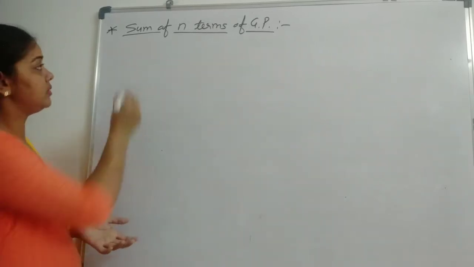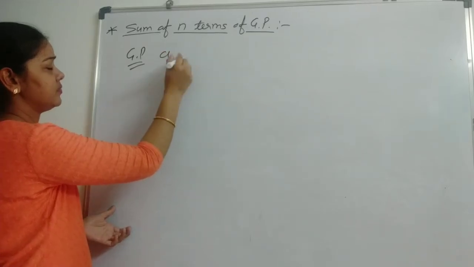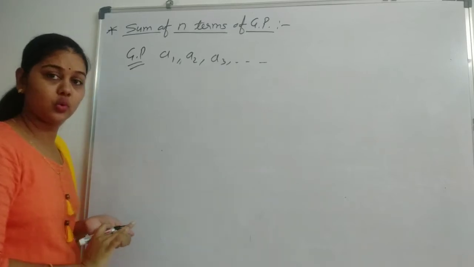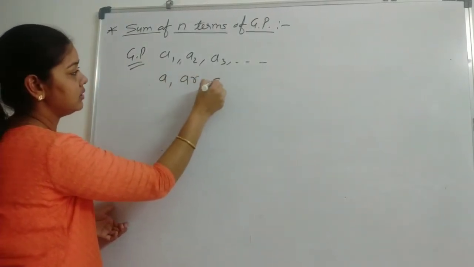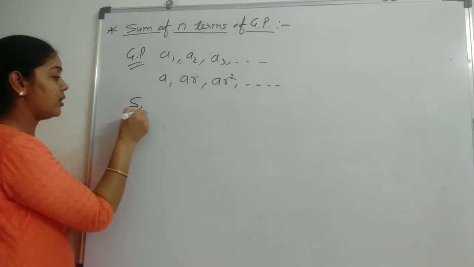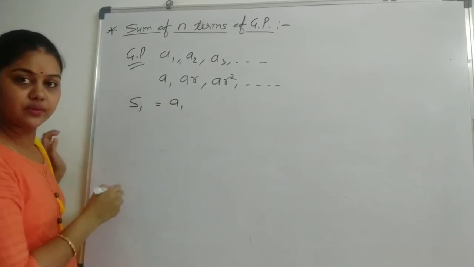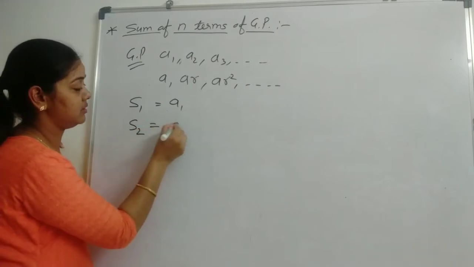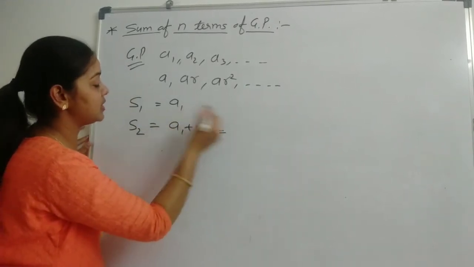Sum of n terms of a GP. What is a GP? This is A1, A2, A3 and so on. Okay? It means a, a r, a r square and so on. If I am talking about the sum of one term, it means A1 itself. If I am saying the sum of two terms, it means A1 plus A2, that is a plus a r, and so on.